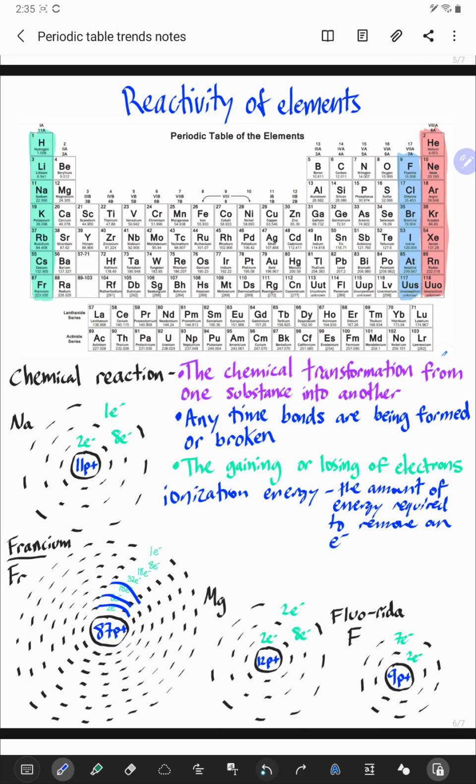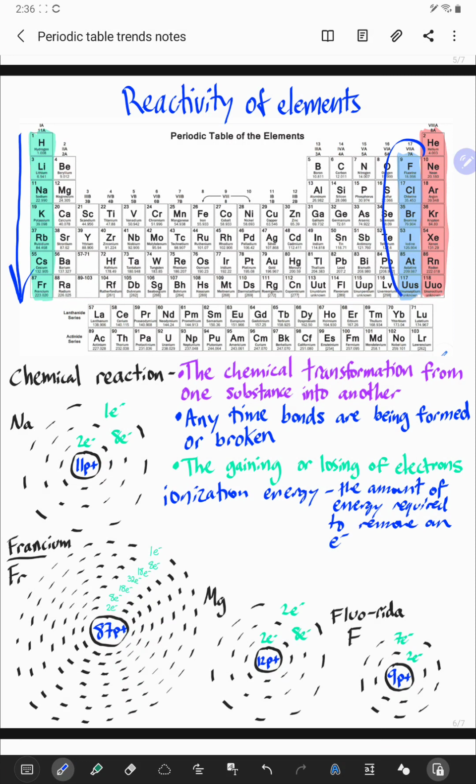So that's going to further reduce the force that the nucleus has in pulling that electron towards it and holding it in place. So this electron, it is not going to take very much energy to kick it out and remove it. So we're going to say that for these column 1 elements, the trend is that reactivity is going to increase as we go down.